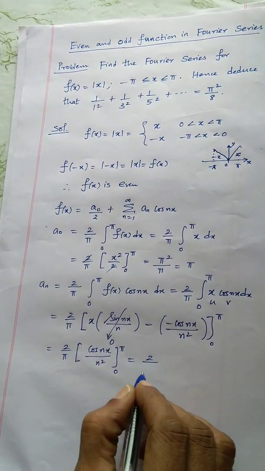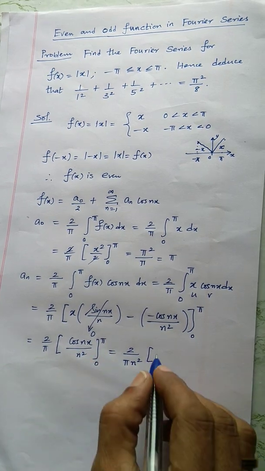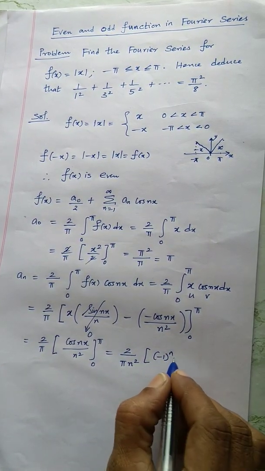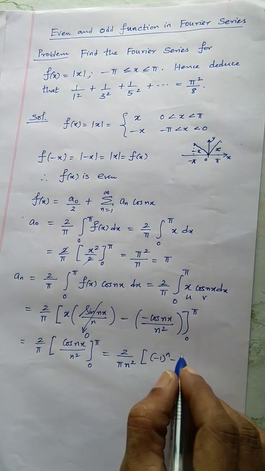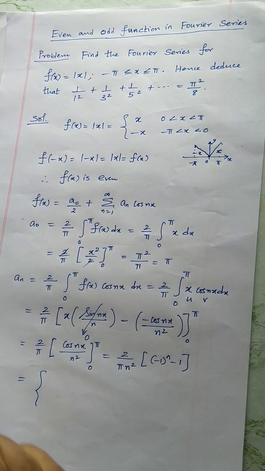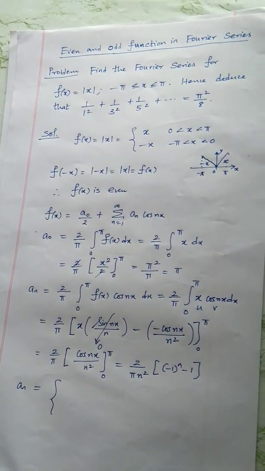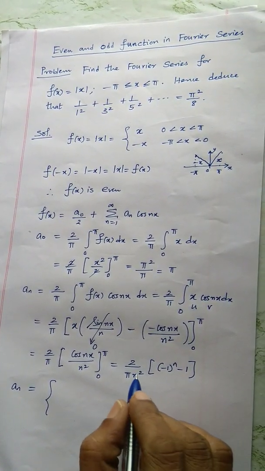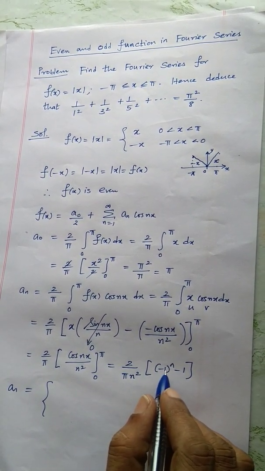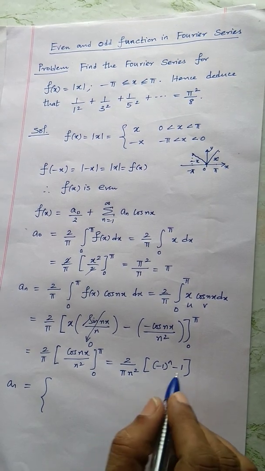Now substitute after taking out the denominator completely. Upper limit cos n pi, that is minus 1 power n; lower limit cos 0, that is 1. I can refine further by varying the values, because we end up with an oscillating sequence and minus 1. If I give n equal to 1, this entire bracketed value is minus 1 power 1 minus 1, so minus 2.